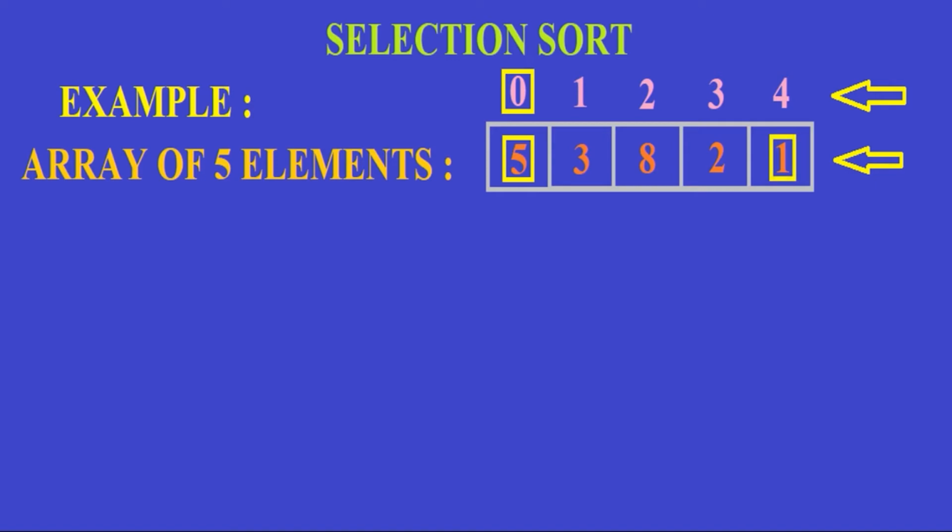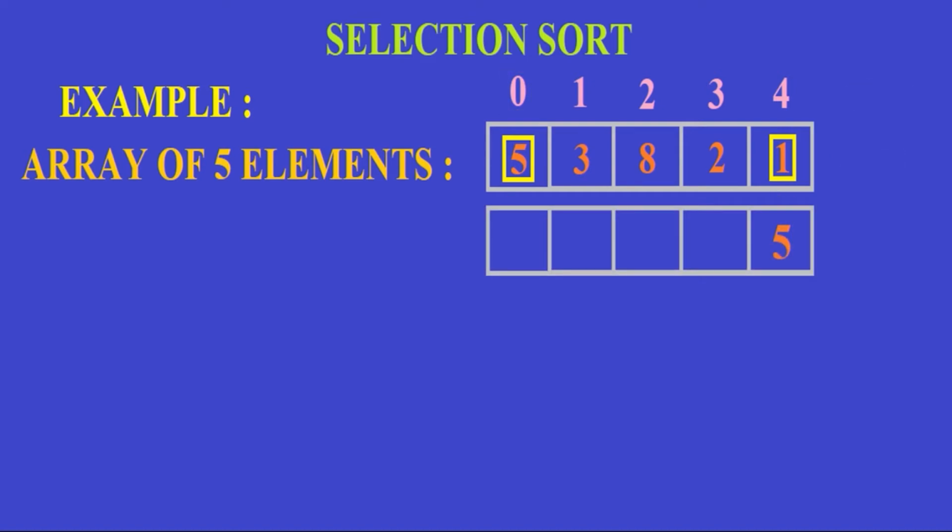As we can see, the smallest element in this array is 1. Now, these two elements will be swapped: 5 will go to 1's place and 1 will go to 5's place. Now, we will have a new array. At index 0, we have 1, then 3, 8, 2, and at index 4, we will have 5. Now, the index will change from 0 to 1 and we have 3 at index 1.